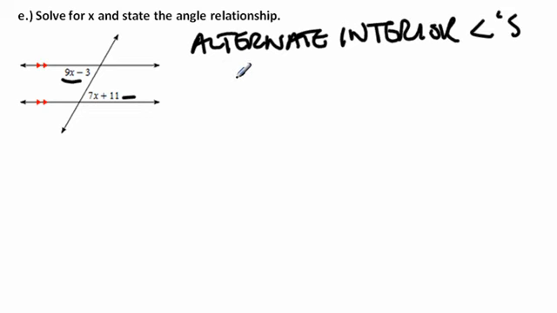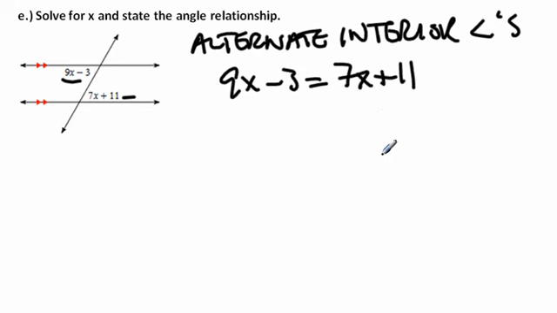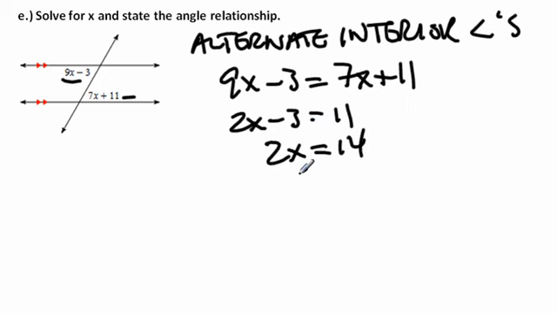And we know they're equal, so 9x minus 3 equals 7x plus 11. Subtract 7x, you get 2x minus 3 equals 11. Add 3, you get 2x equals 14. X equals 7.